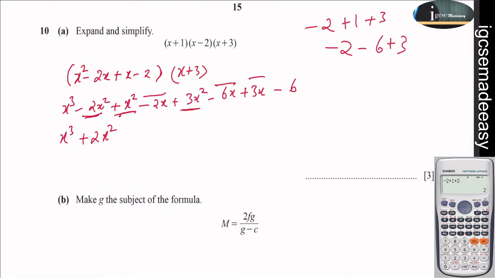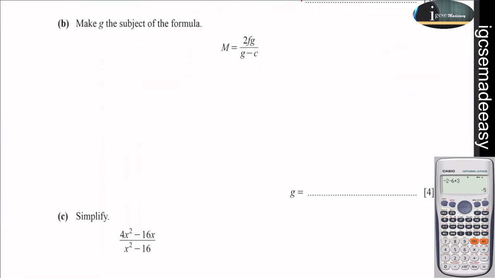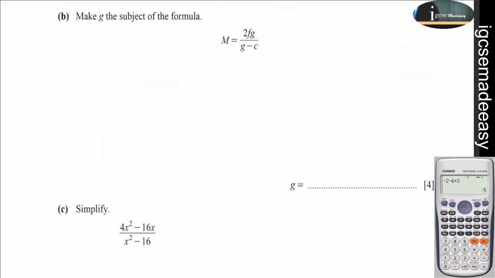Without the variable, just write minus 2 minus 6 plus 3, which gives you minus 5. So minus 5x, you will write that's all. Then we have only 6 left, so minus 6. So this is your final answer, x cube plus 2x square minus 5x minus 6. So let's do part B.